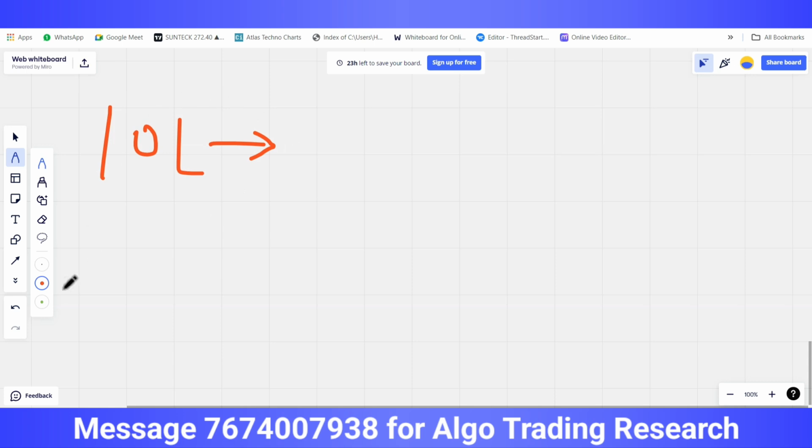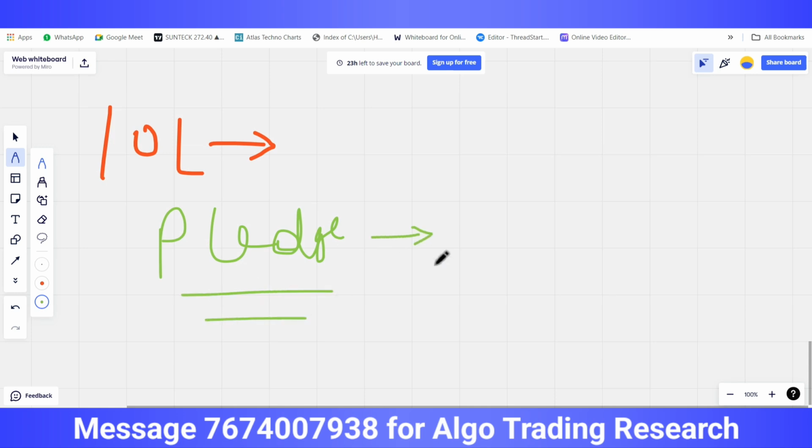Okay, example 1: if you have stocks worth 10 lakh rupees, in that case you can pledge all of those stocks. Once you pledge those stocks, you will get margin based on the stocks. If you have large cap stocks, then probably you will get 90% margin, or every stock will have its own margin.